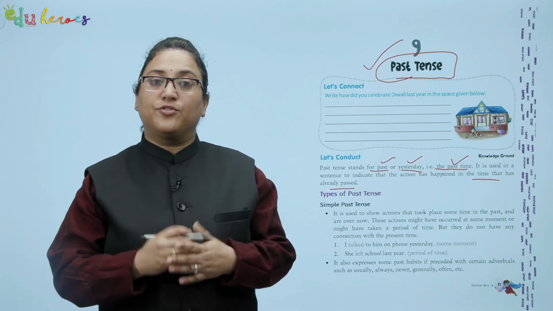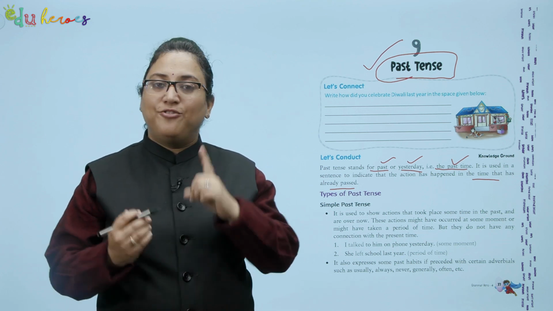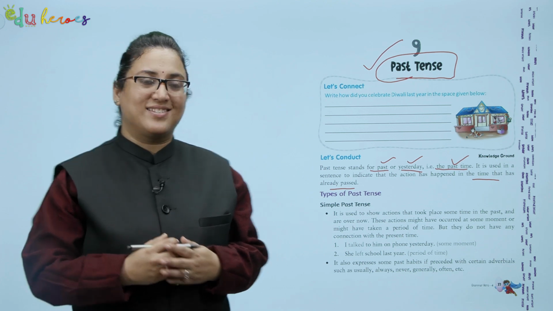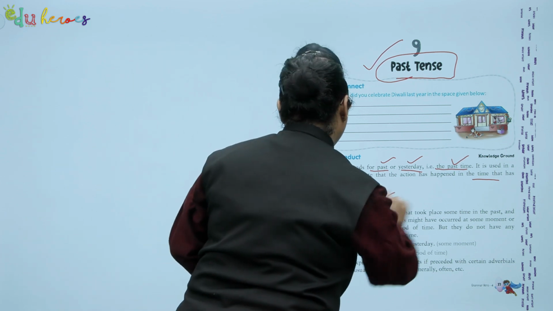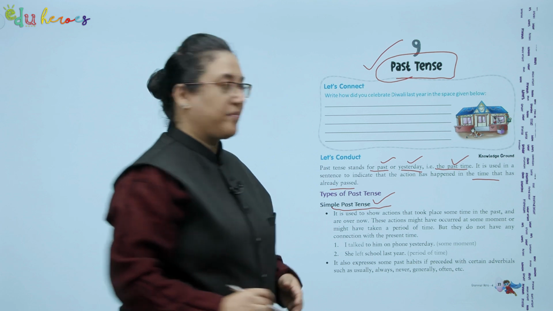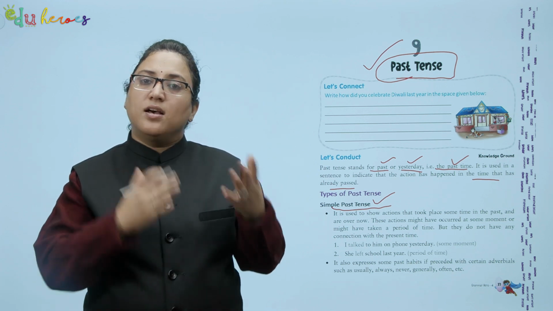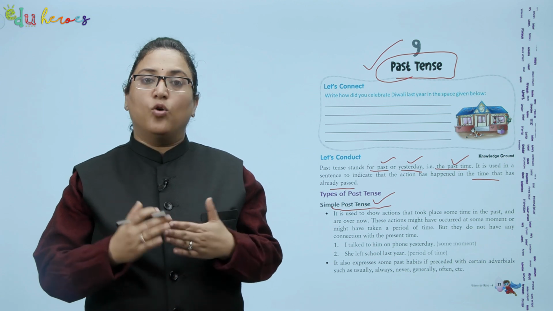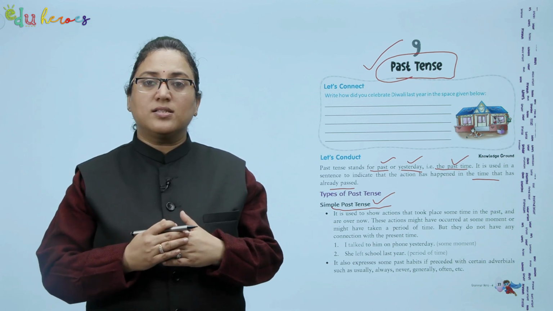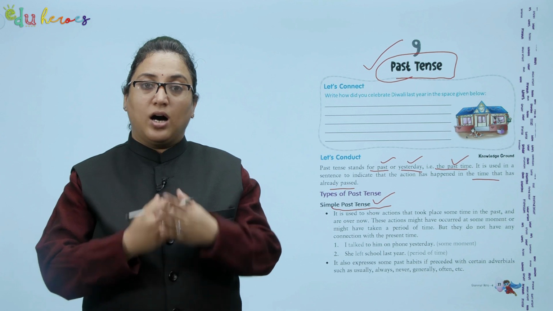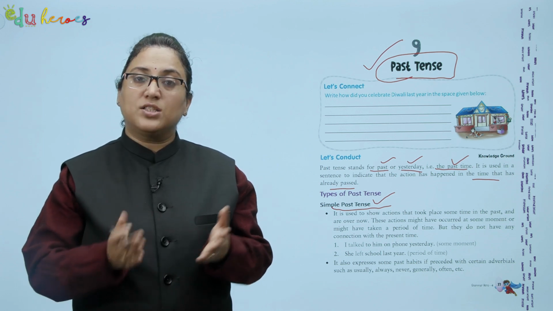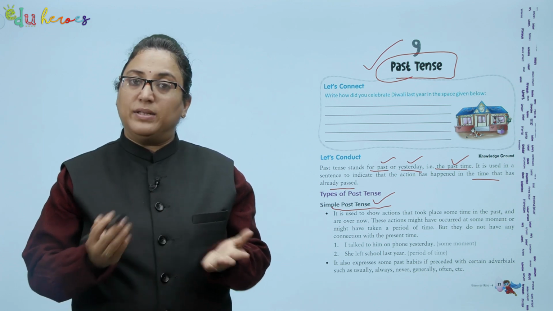Let's look at the different types of past tense. First one, simple past tense. Now it is used to show actions that took place sometime in the past and are over now. That action has completed. कुछ काम, कुछ actions जो past में हुए पर अब वो complete है.